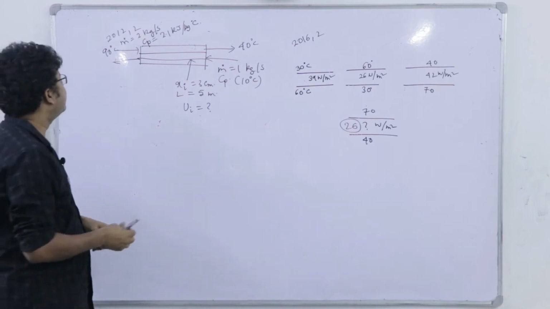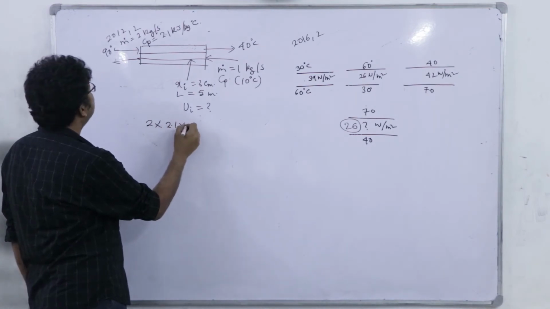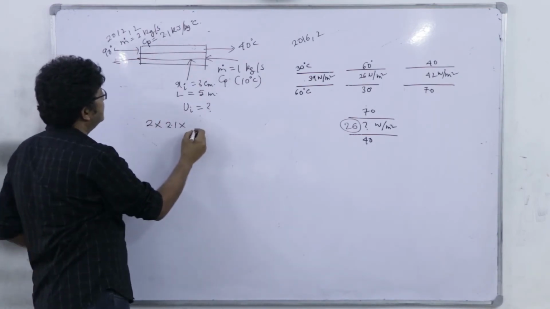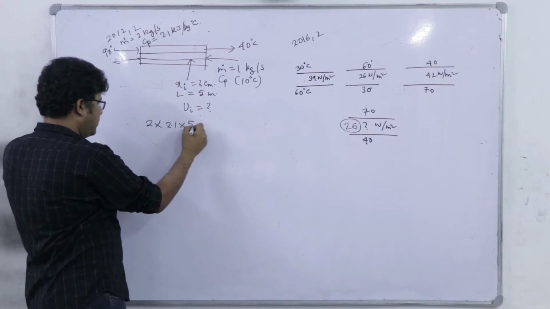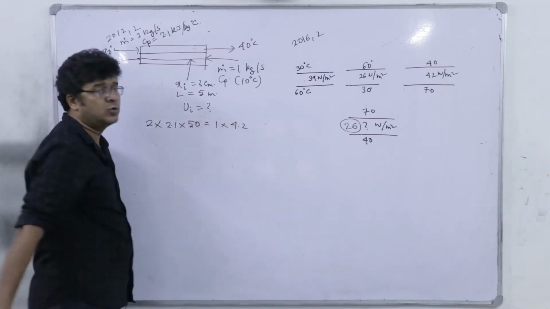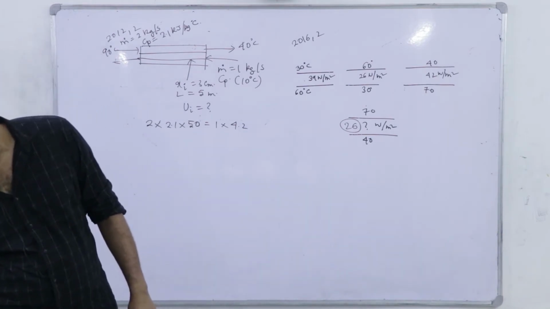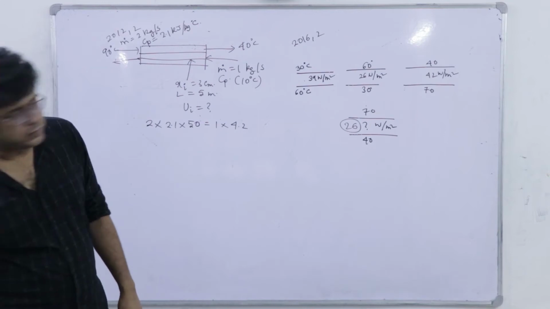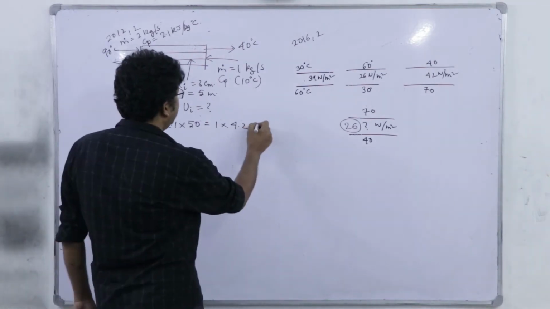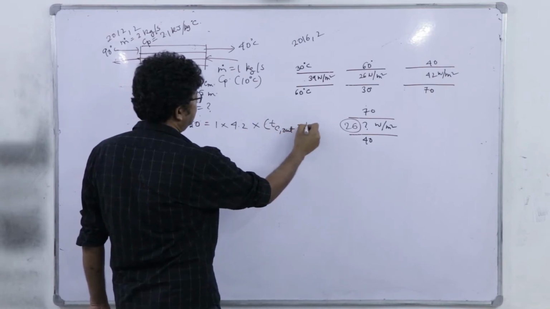You see that 2 into 2.1 into (90 minus 40), which is 50, is equal to 1 into 4.2 (or 4.18, whatever is given) kilojoule per kg into (T C out minus 10).